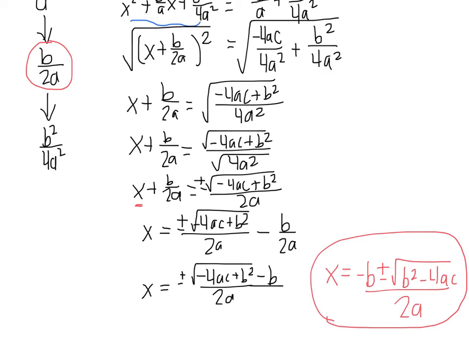So what's the big deal about this formula? This formula is called the quadratic formula, and it's very powerful. I can take any quadratic equation in the standard form that we've been seeing, the ax squared plus bx plus c equals 0.